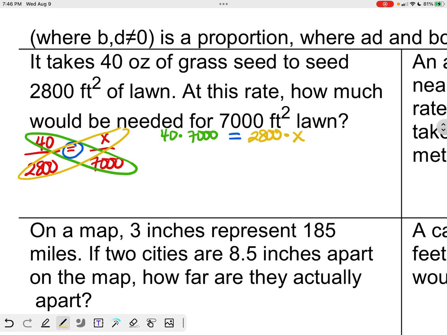The commutative property tells you that it doesn't matter which way you write them. So I'm going to divide this side by 2,800 so we can isolate our x. 40 times 7,000 divided by 2,800 will be 100. So you would need 100 ounces.